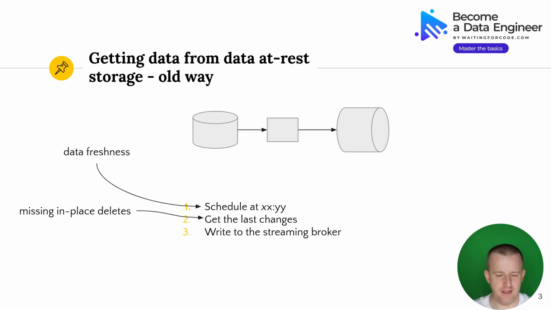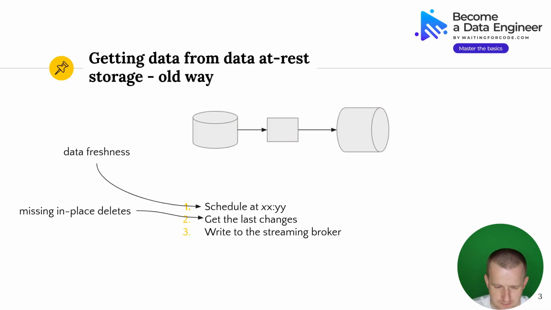For example, if deletes are implemented as in-place operations, so the SQL DELETE FROM instead of an update of a delete marker flag in the table, you will simply miss them because it will not detect this change by simply taking the new rows that appeared between the runs.